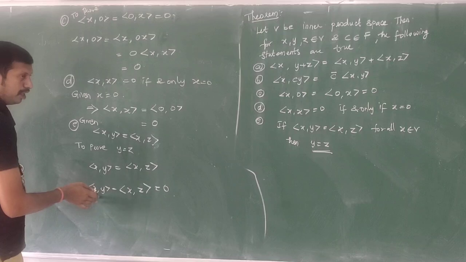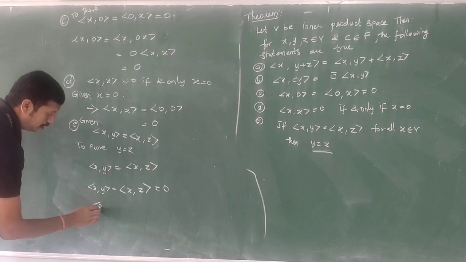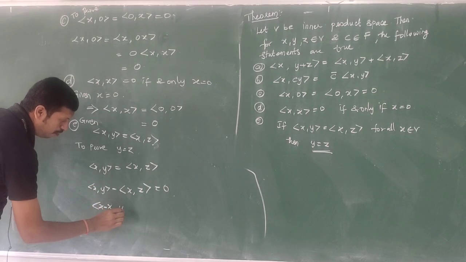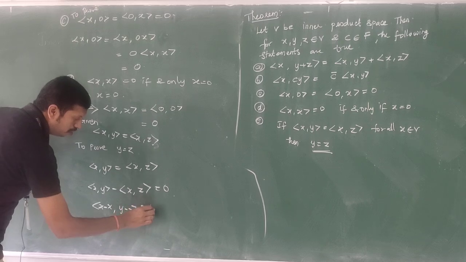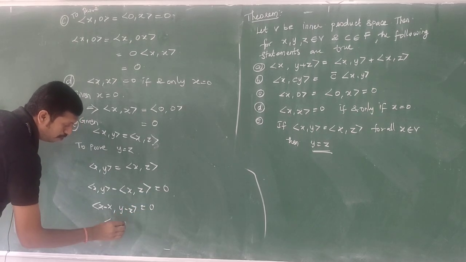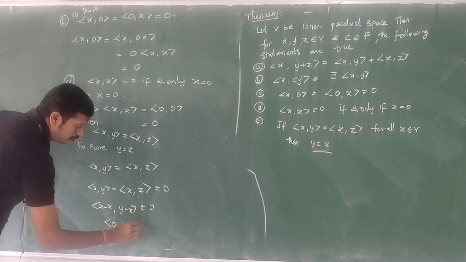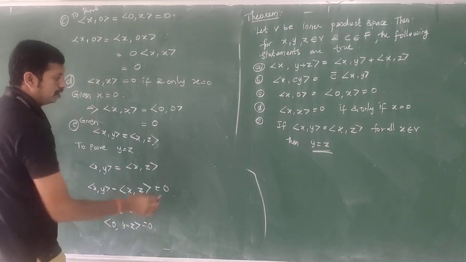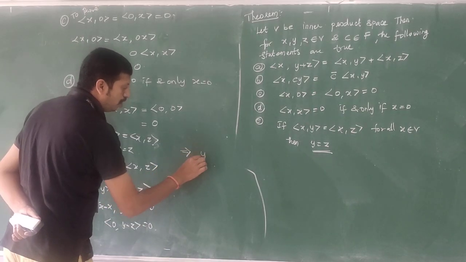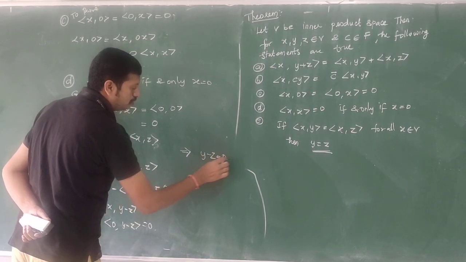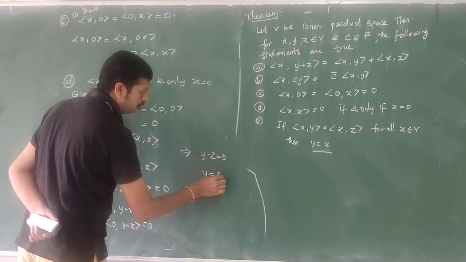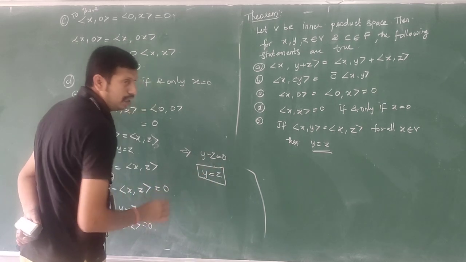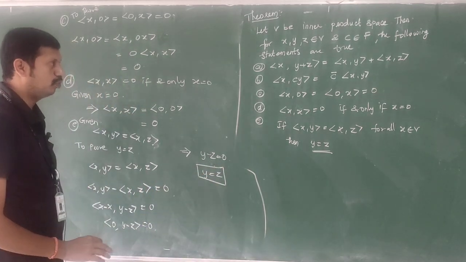Now this is an inner product, right. So commonly we can take out x: x comma y minus z equal to 0. So that is 0 comma y minus z equal to 0. So this implies y minus z equal to 0. So therefore y equal to z, that's all. This is the proof of this one.